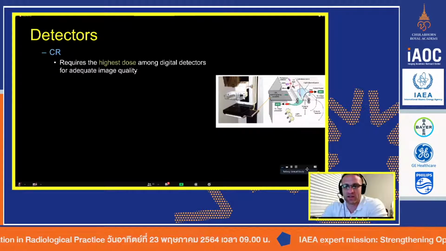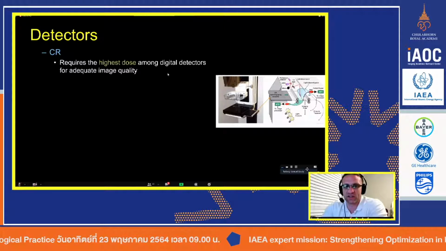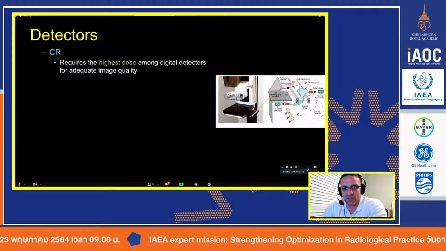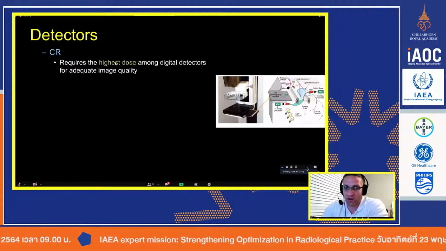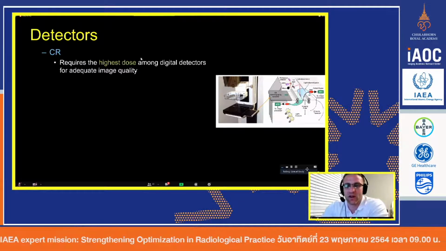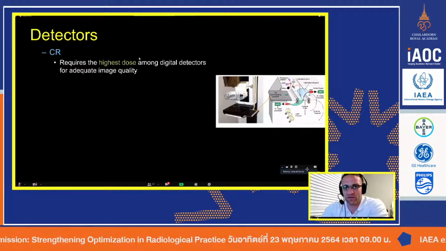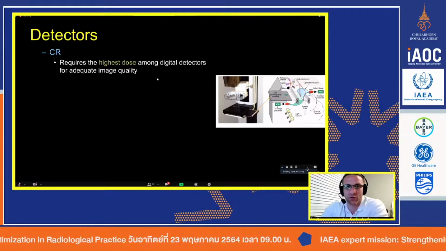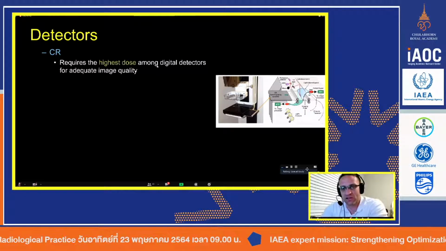The digital system that produces the highest mean glandular dose is the CR system. CR plates are on their way out. Here in the US, the CR vendors don't create CR plates anymore. So all of our CR systems are going away.